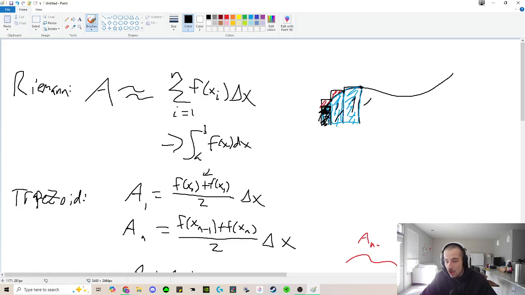So the only points that aren't double counted are your x0 and your x_N.